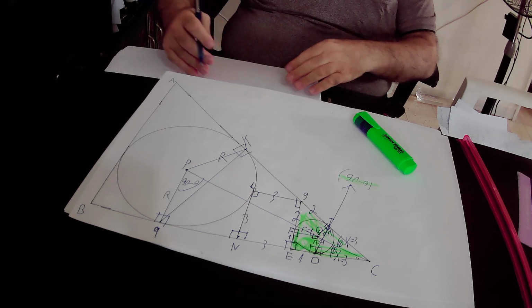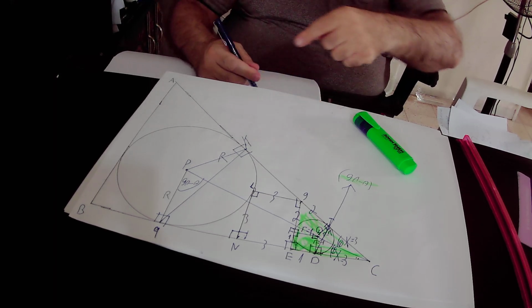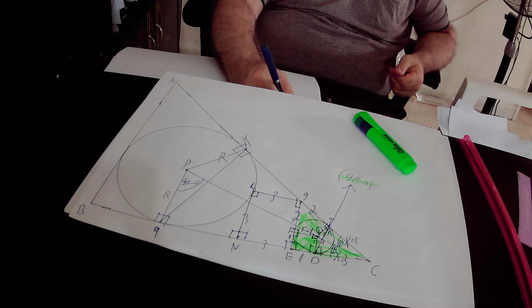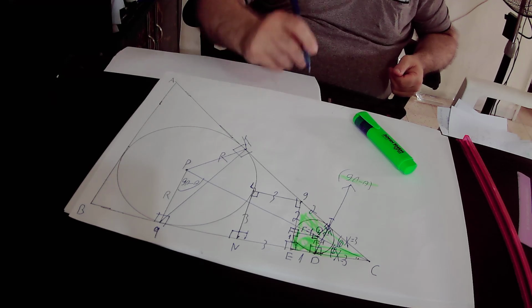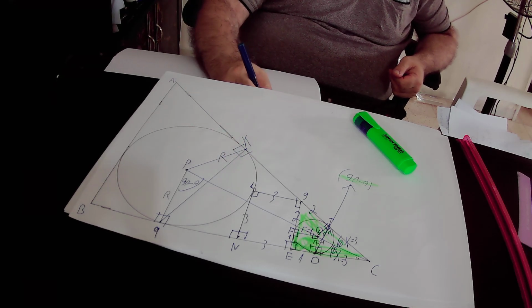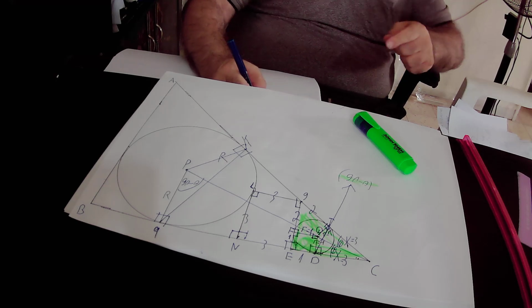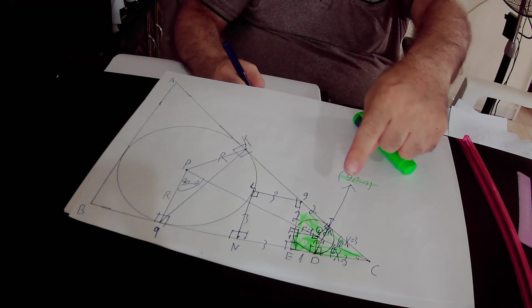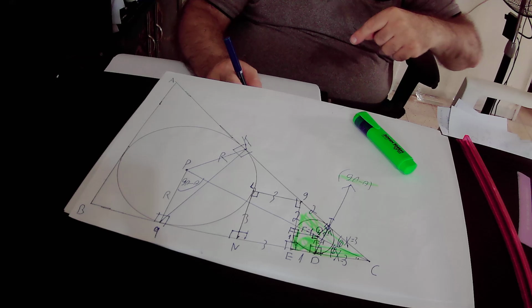I repeat again, we will prove that the big right triangle, triangle PQC, is similar to the small green right triangle ODC.